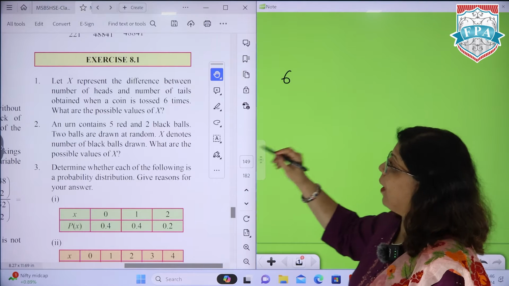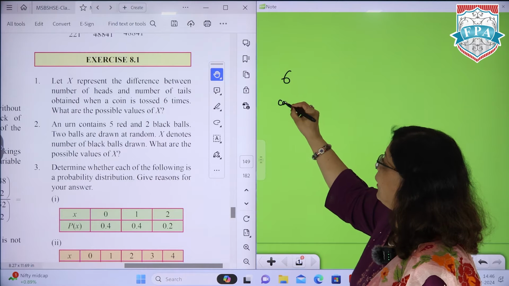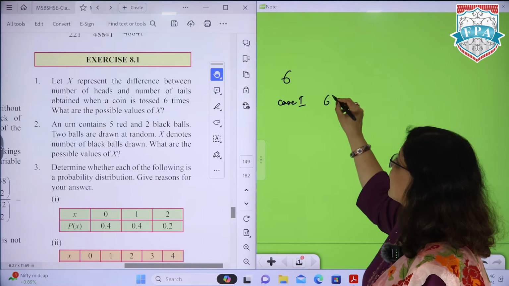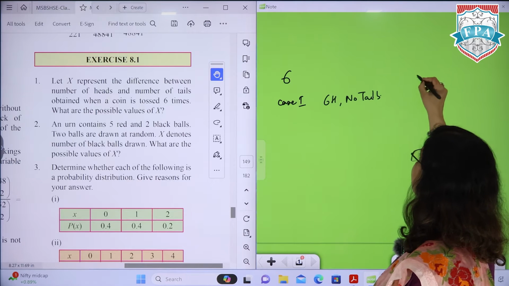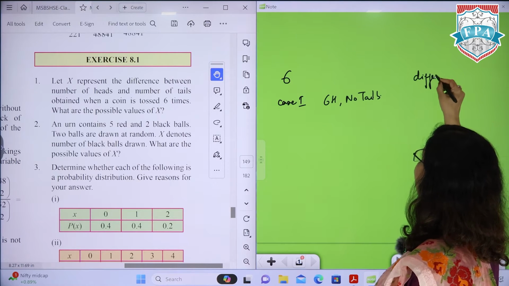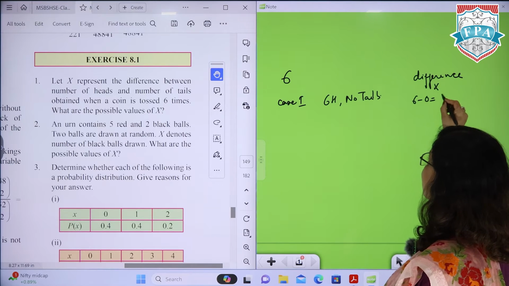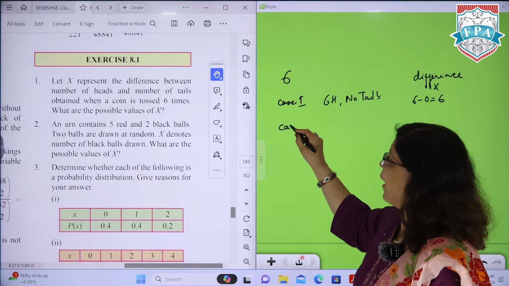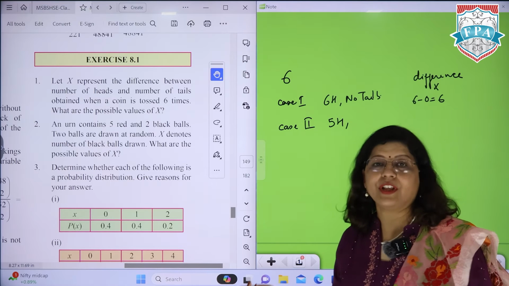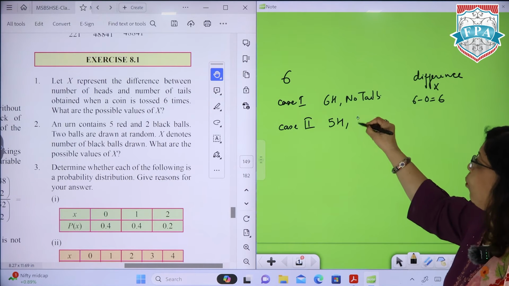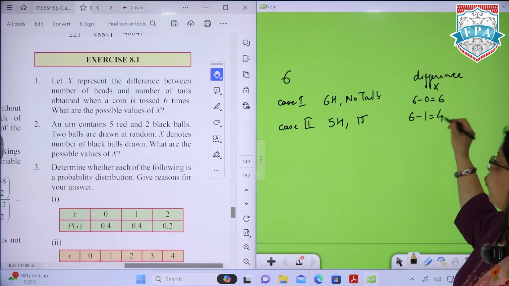So when we talk about the difference between the number of heads and number of tails, case 1 will be 6 heads, no tails. The difference, which is your random variable x, is 6 minus 0, which is 6. Case 2 can be that you are having 5 heads. So if there are 5 heads, number of tails automatically becomes 1, and the difference will be 5 minus 1, 4.